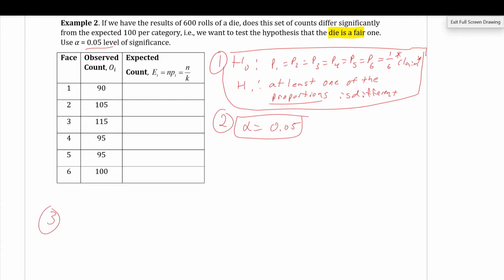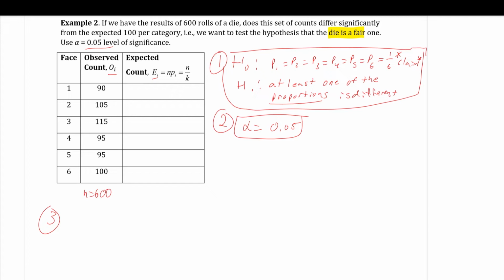Now step 3 is calculating the test stat. In order to calculate the test stat, we need to have our observed counts and our expected counts, or frequencies. Okay, so this is the result of rolling 600 die, right? If you were to add up these observed counts, this is n equals 600. And again, we should expect 100 from each side of the die if it was a fair die, right?